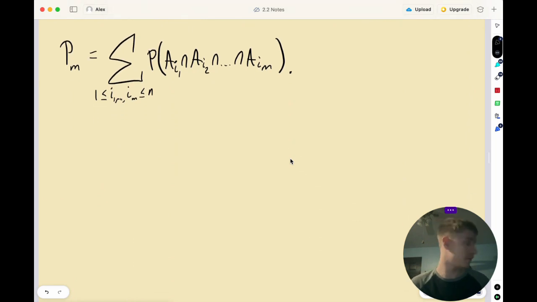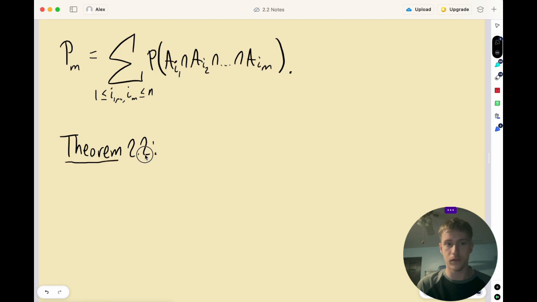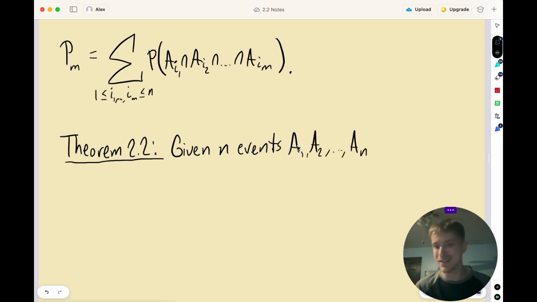So with this notation underway, we can finally discuss Theorem 2.2. Theorem 2.2 will say, given n events, A sub 1, A sub 2, all the way up until A sub n, not necessarily mutually exclusive. There can be overlap.